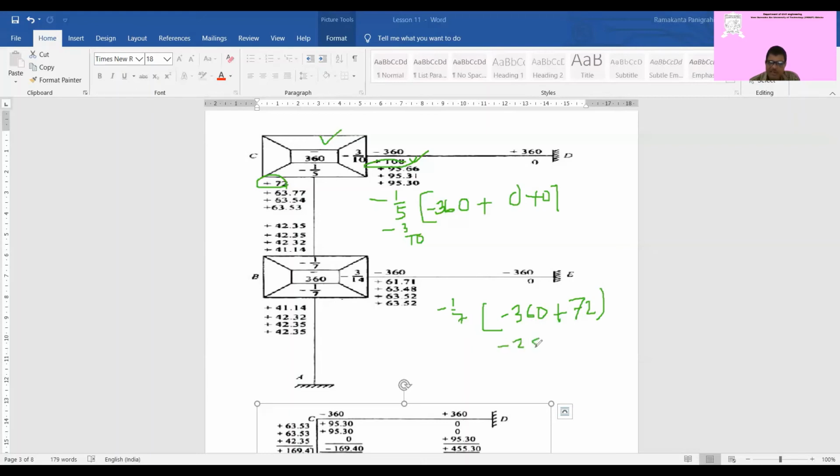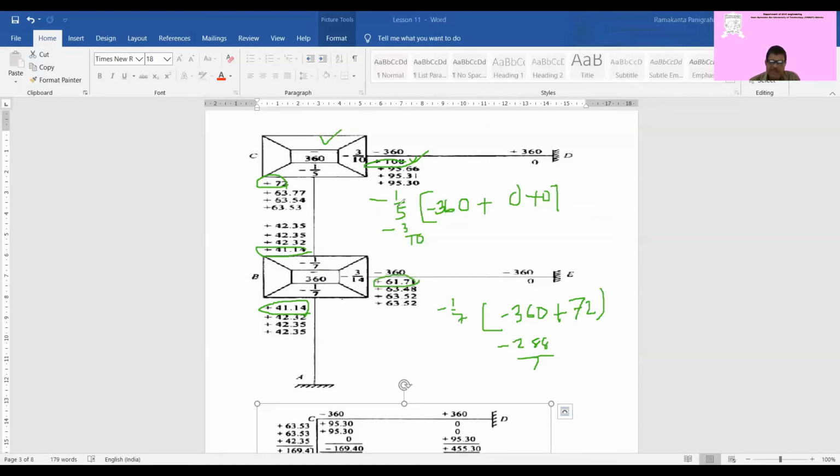Minus 288 into 1 by 7. So what is the value? 7 fours are 28, then 1, 41. So 41.14 comes here. This value, the first value, plus 41.4. Similarly, here we will get plus 41.4. And here 3 by 14, so it will again be multiplied by 1.5 times of this value. So this comes 1.7. I think now you got my point.